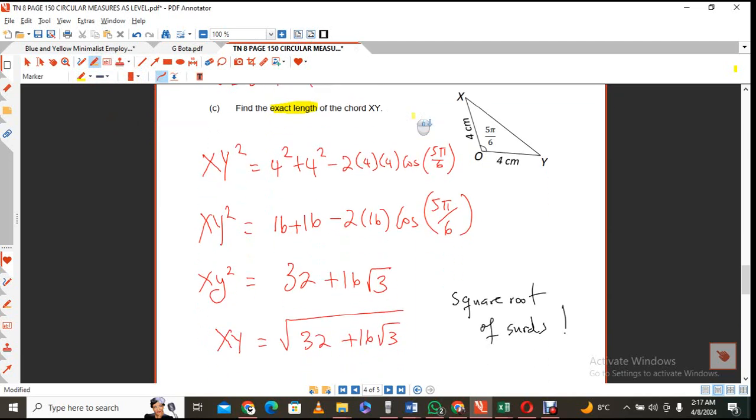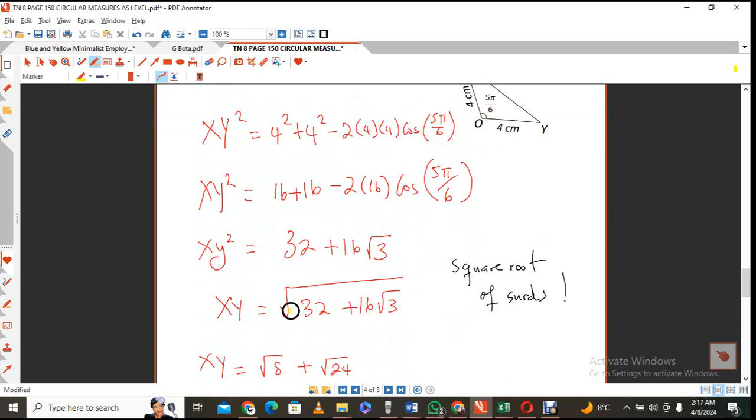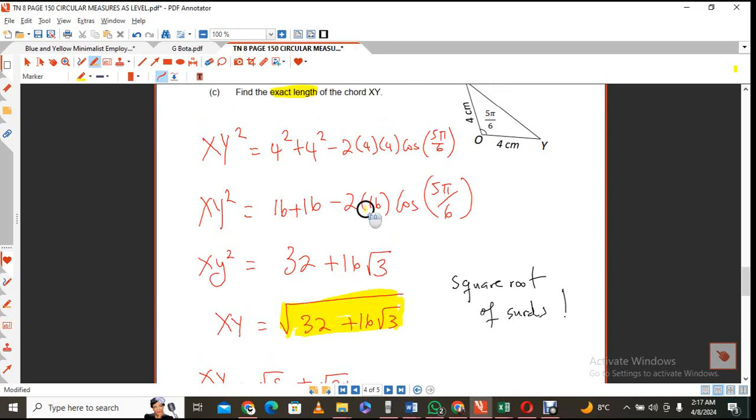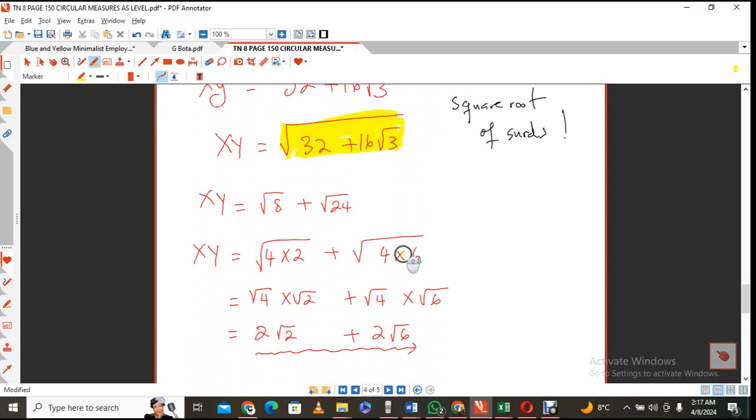So this, the square root of 32 plus 16 root 3, is actually the exact answer, but we don't leave our answer in that form. So I went further and I brought in how you find the square root of surds, which is a very important aspect for you to learn.